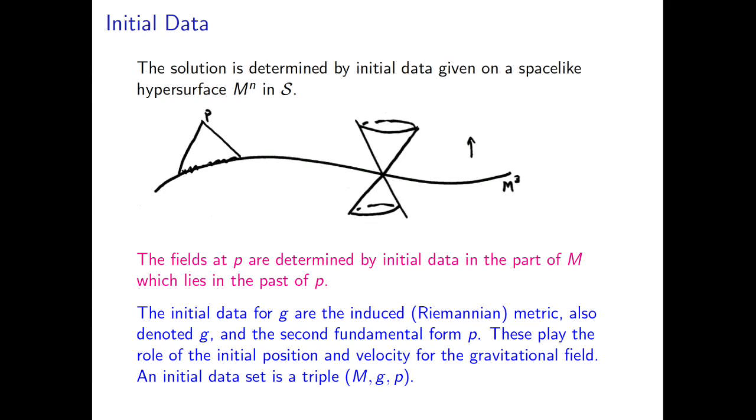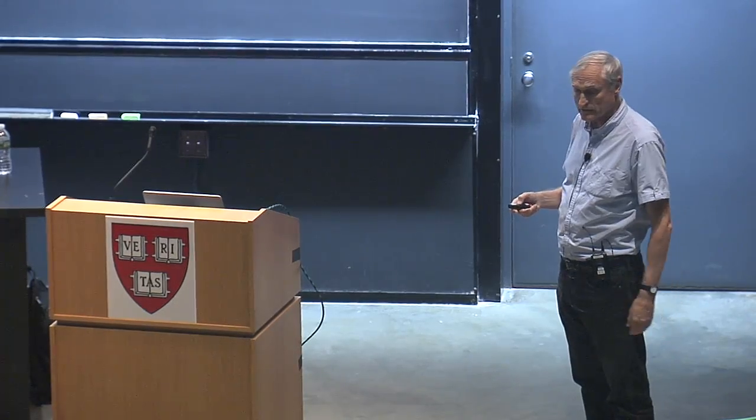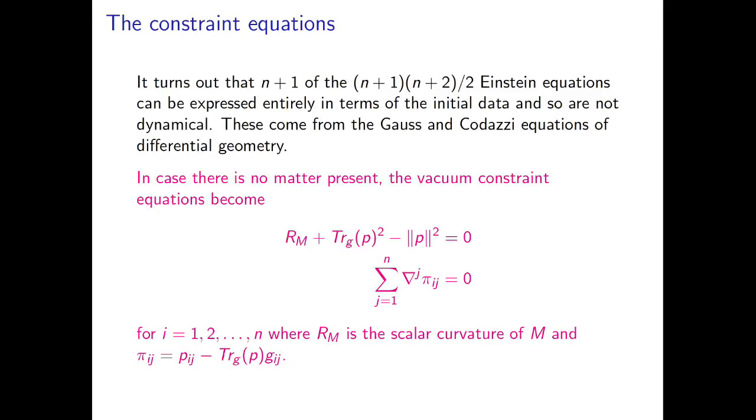And so an initial data set is a triple, then. It's a three-manifold with a Riemannian metric G that corresponds to M being space-like in the space-time, and then a symmetric 0-2 tensor P, which will be the second fundamental form in the space-time.